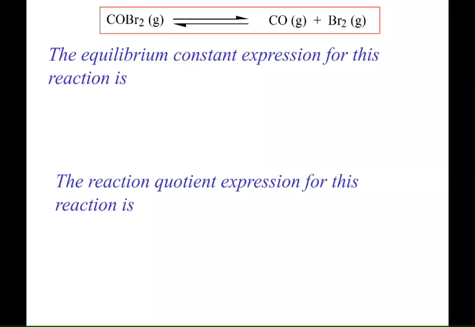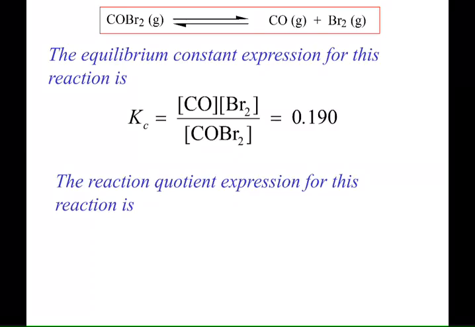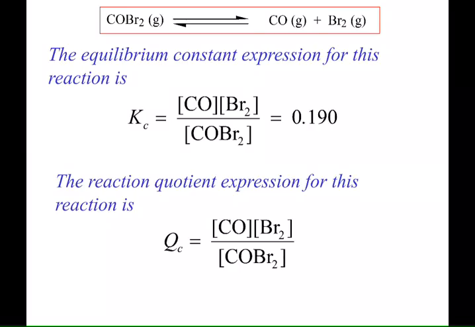So the equilibrium constant expression is that, and your reaction quotient expression is also that, but instead of Kc, it's Q. So we're going to have to take those masses and use molar masses to get moles, and then divide by volume to get molarity.